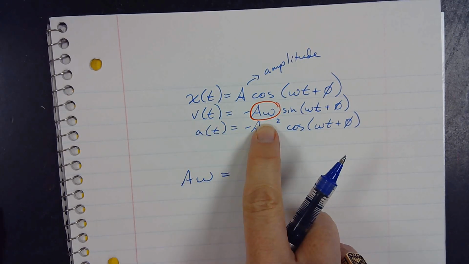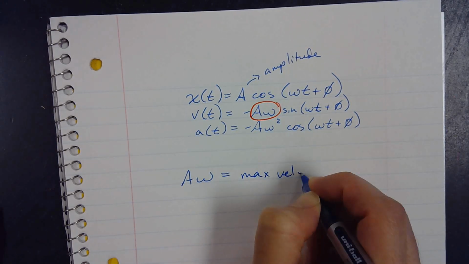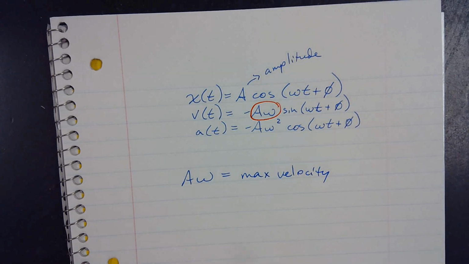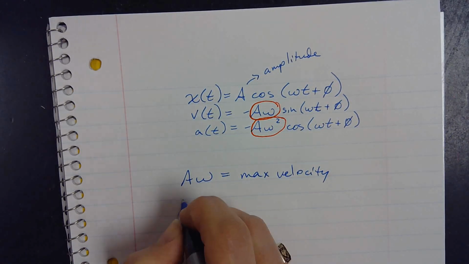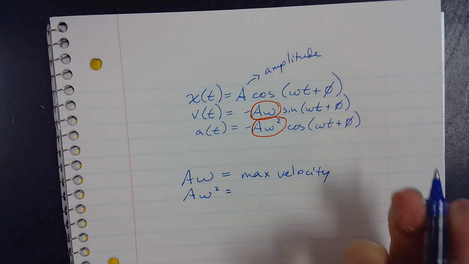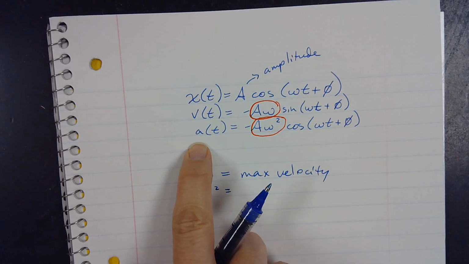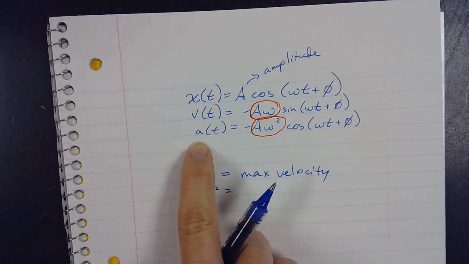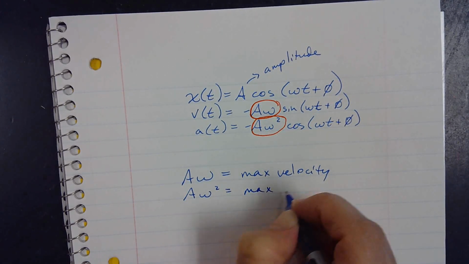So this would be maximum velocity. This is maximum velocity. And then what's this? It's in front of the function to find acceleration. So what is this? That's the max acceleration.